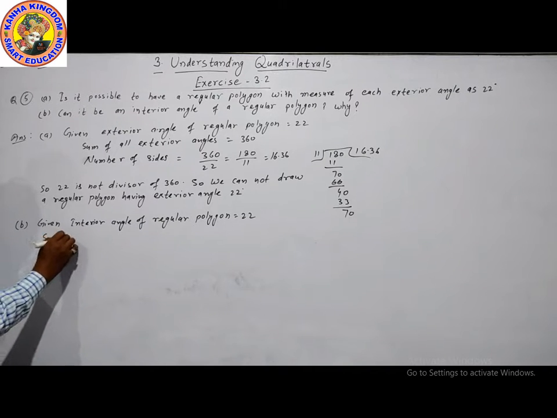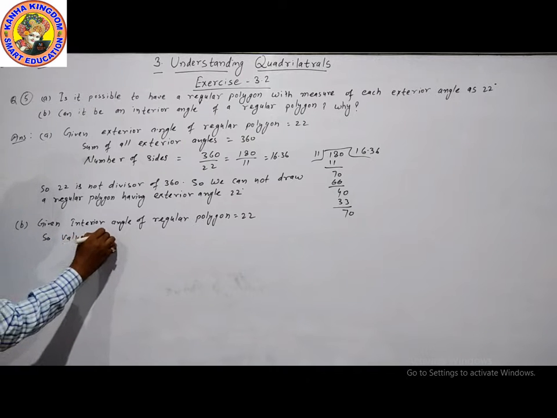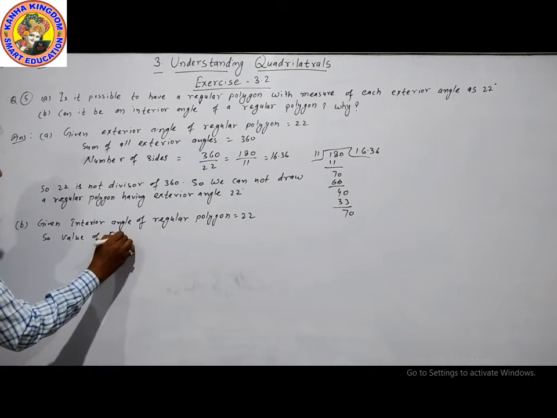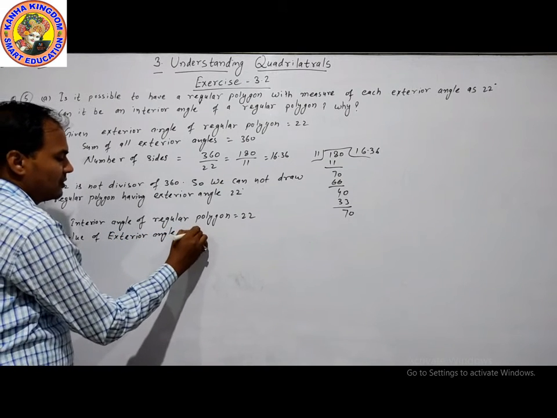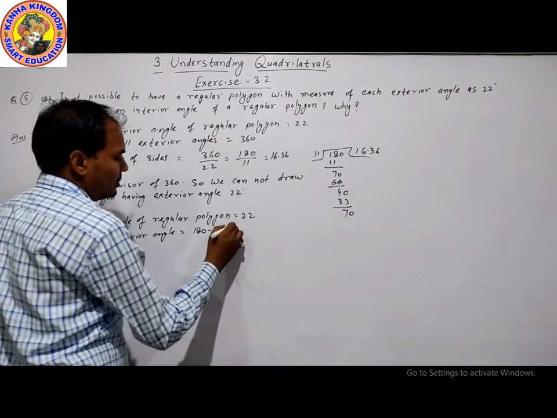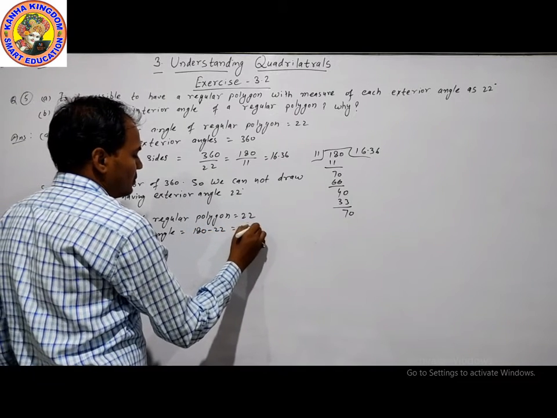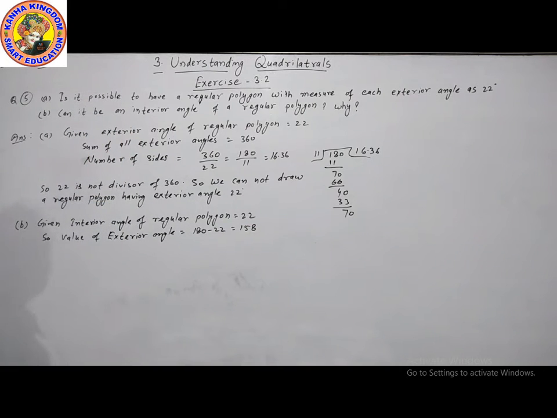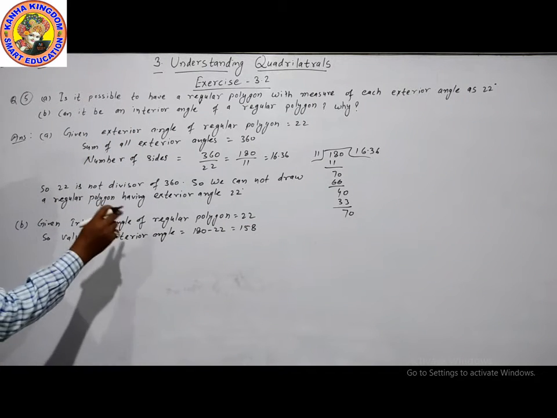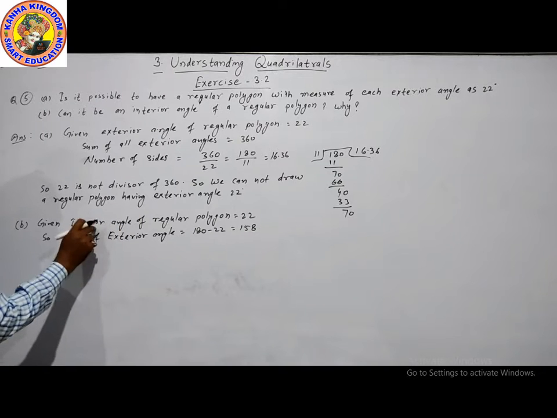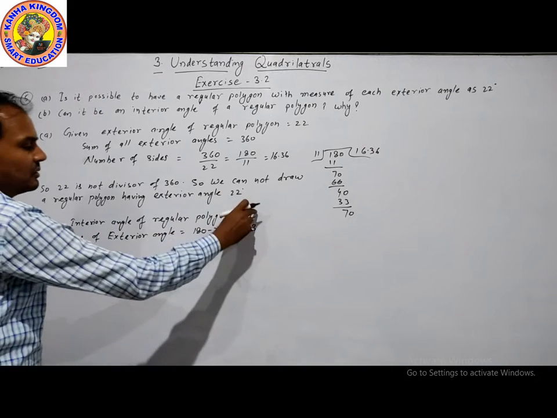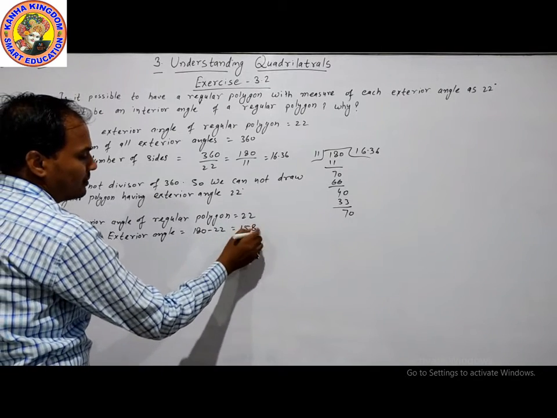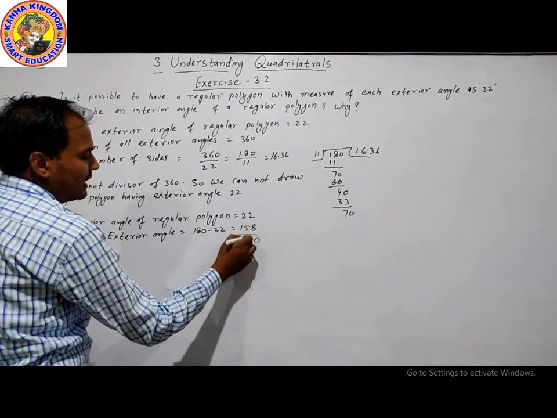So the value of the exterior angle is 180 minus 22, which is equal to 158 degrees. Interior and exterior angles are linear pair angles. The sum of linear pair angles is 180. The first is 22, then the second is 158. The sum of these is 180.